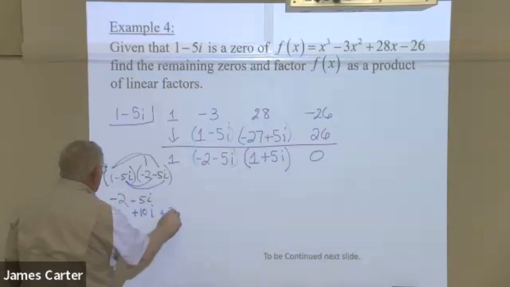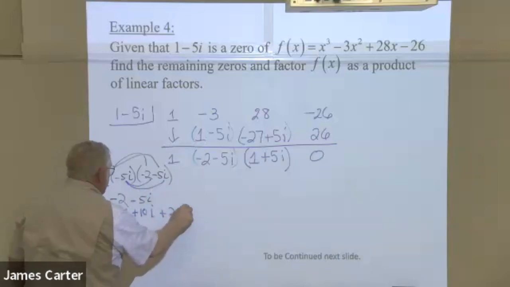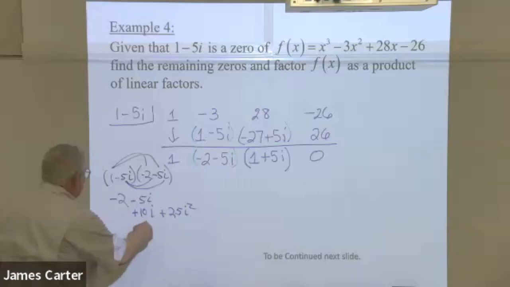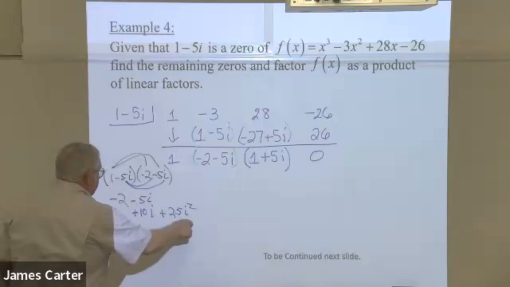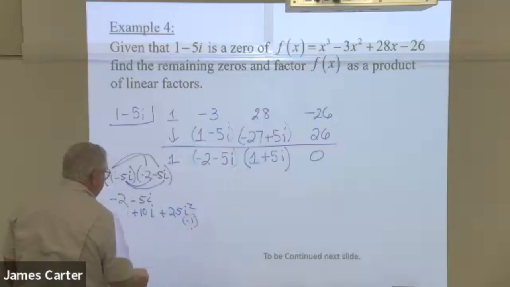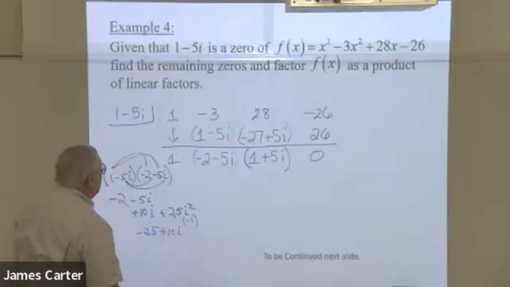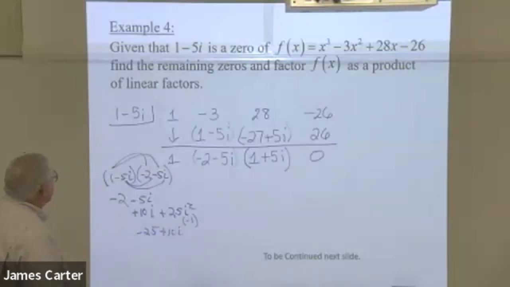And positive 25i squared. Now that doesn't look like what they've got. So let's see what happens here. This is a -1. Okay, so that makes this -25 plus 10i.